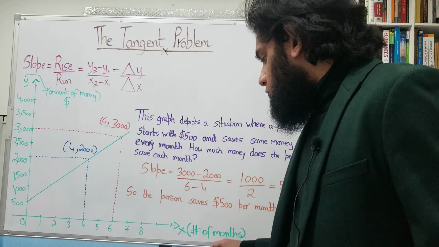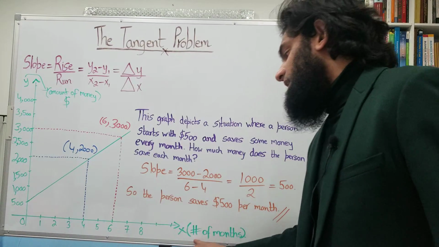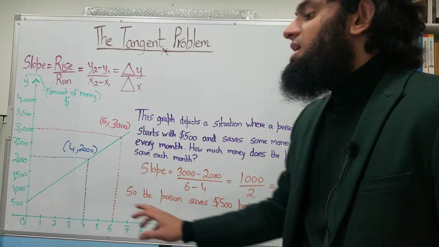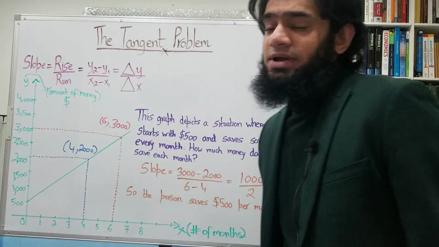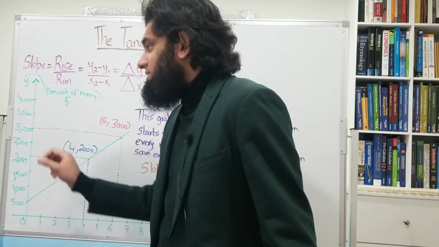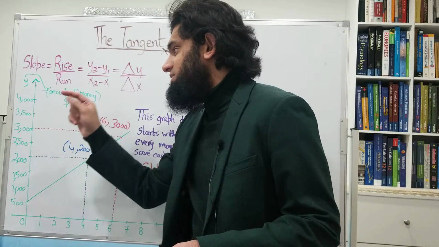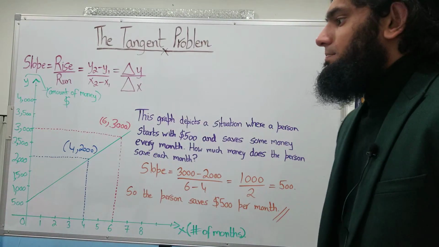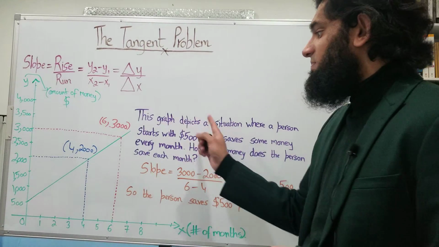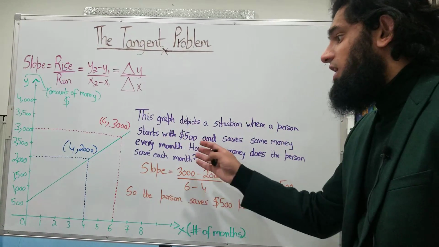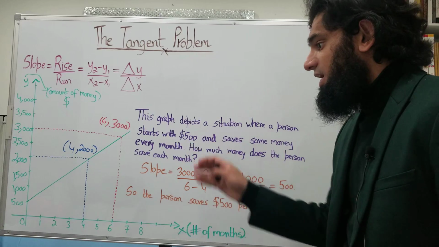On the x-axis I have the number of months that have passed since this person started saving money. On the y-axis, I have the amount of money that this person has saved up, and this is in dollars. So this graph depicts a situation where a person starts with $500 and saves some money every month.